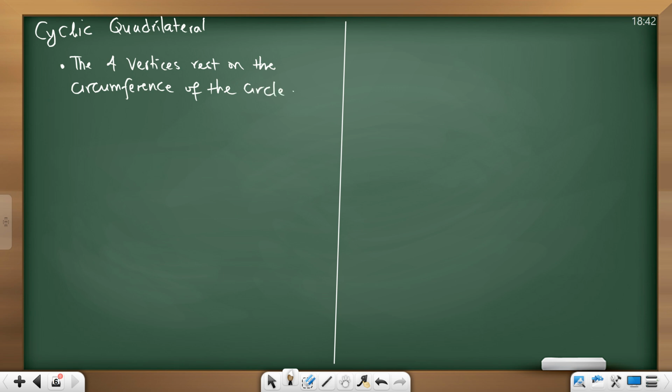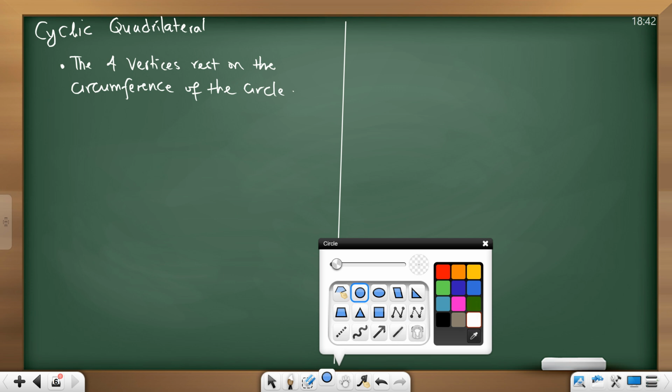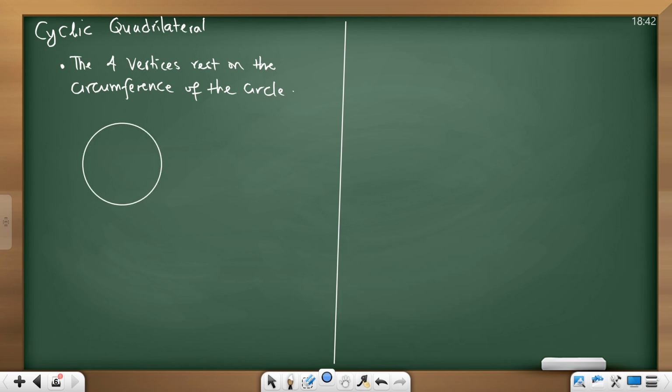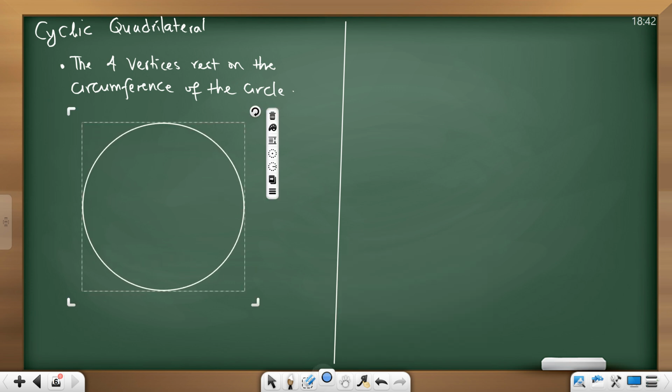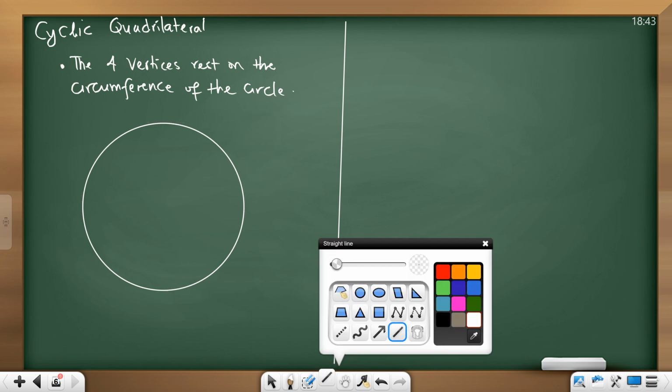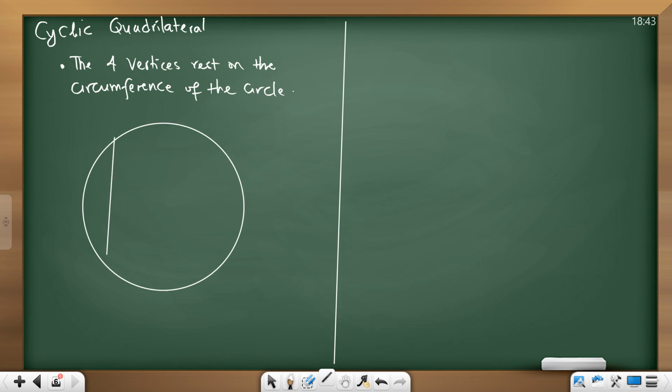If it's not resting, it's not. And they won't tell you that it's a cyclic quadrilateral. Once you notice that the four vertices are resting on it, then you can simply conclude that it is a cyclic quadrilateral. And there are three theorems that I need us to remember here.